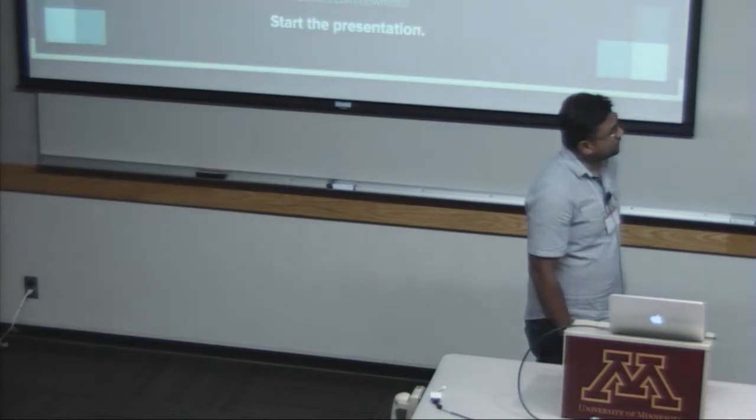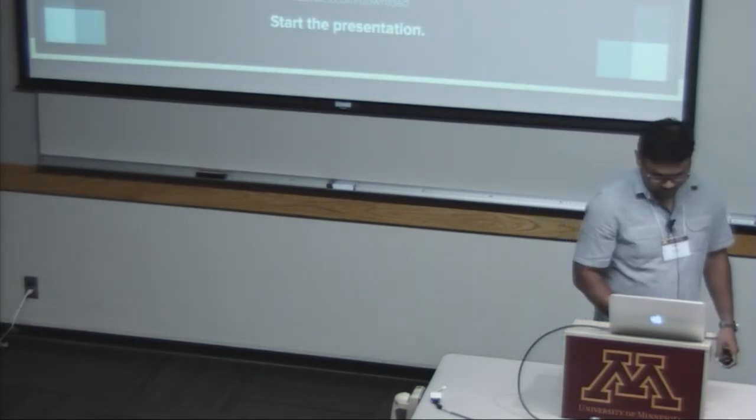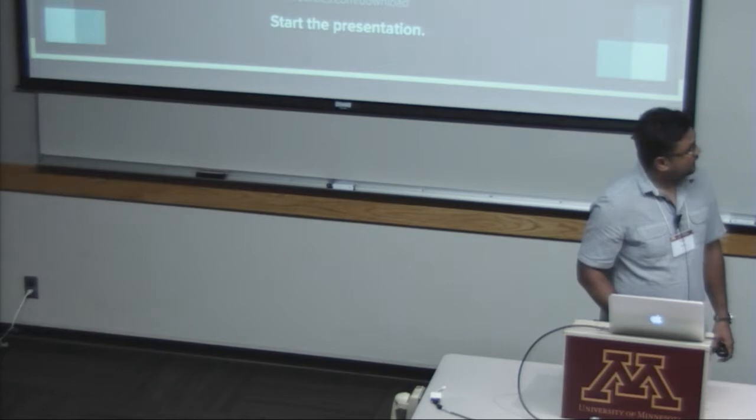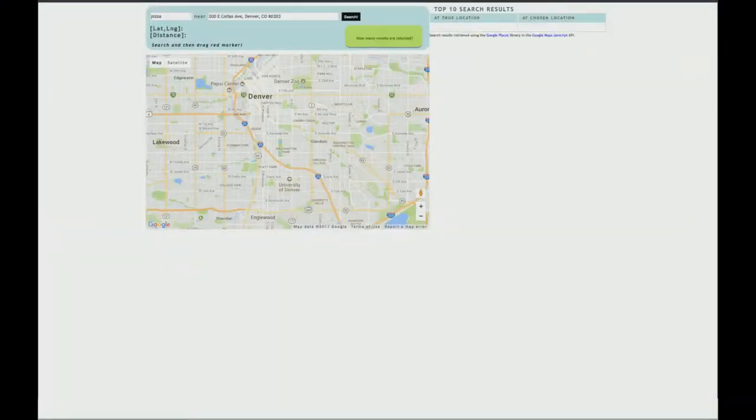So I'm going to start with a web application that we created just to motivate what we're going to talk about. Essentially, we are going to do a Google search for some POI.